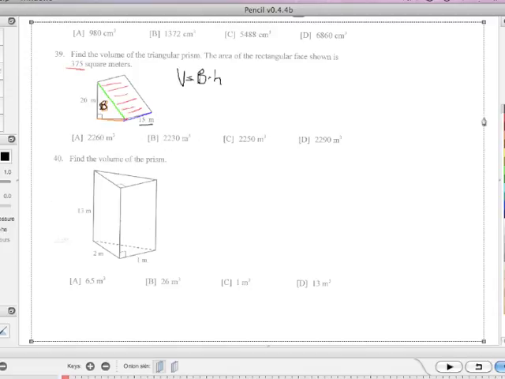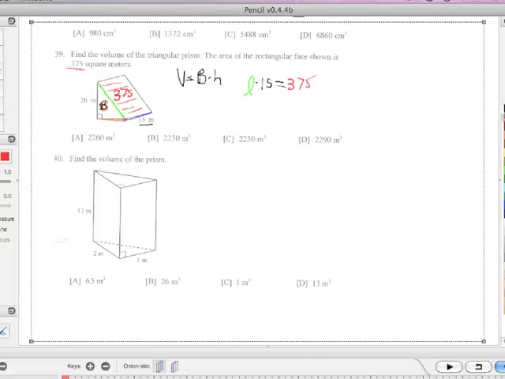Okay, so let's go. If this is 375, and to get the green, we know that that length times 15 is equal to 375.